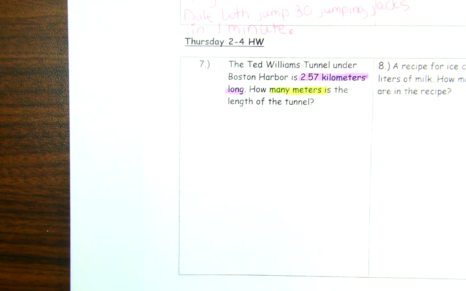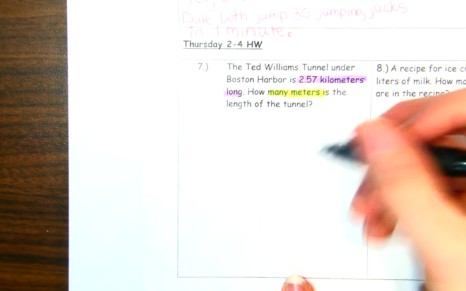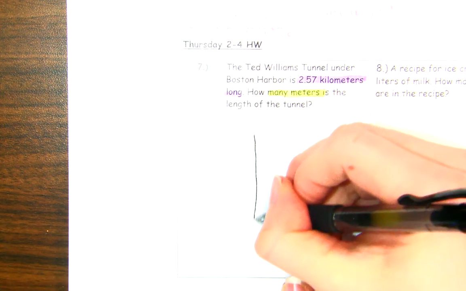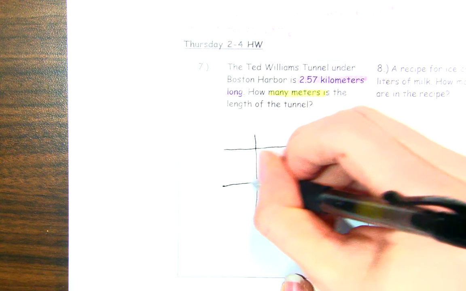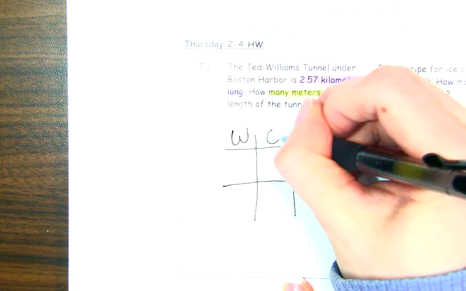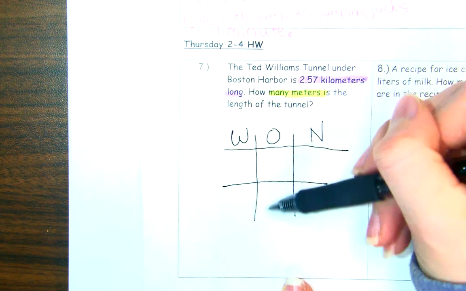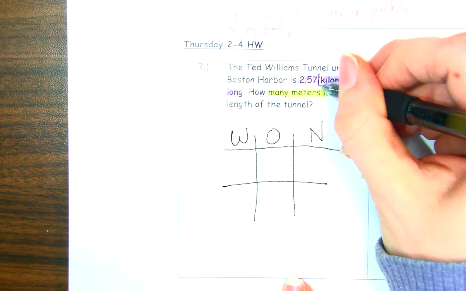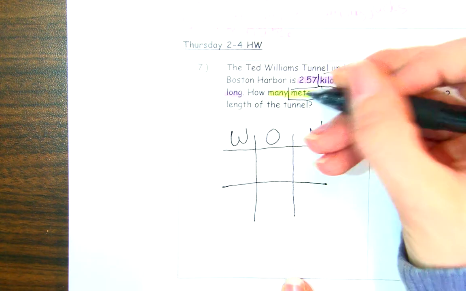So to me, it'd be easiest again to set up our ones table when switching units. So my words, original, new. Now, remember, when we're doing the original with measurement, our original always comes from our math chart.